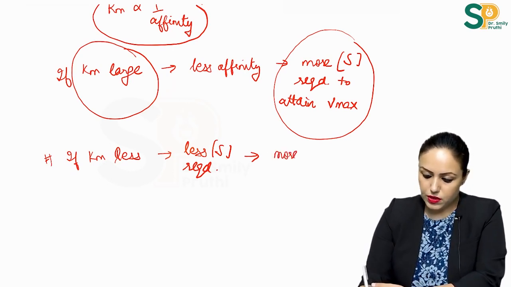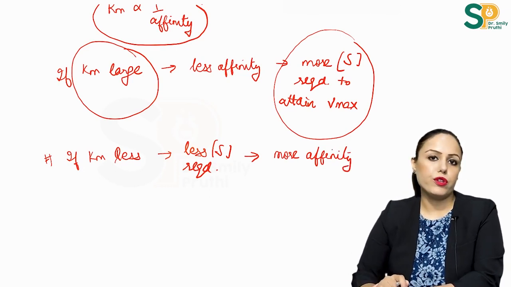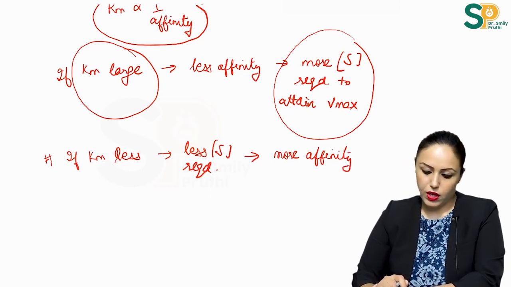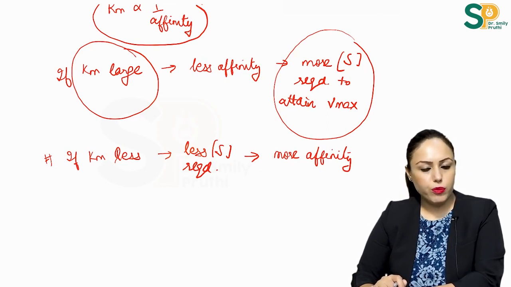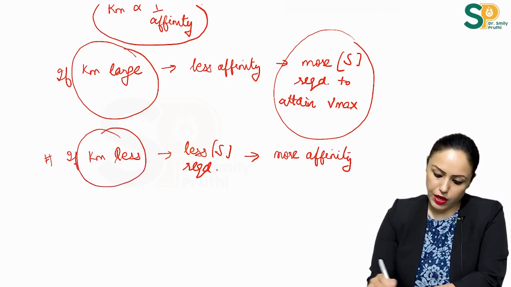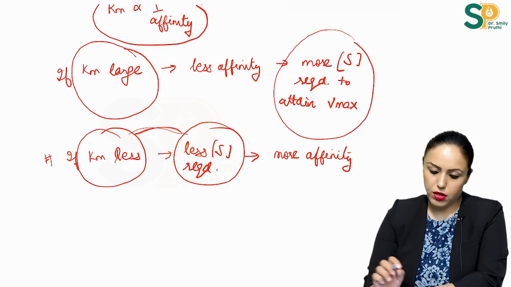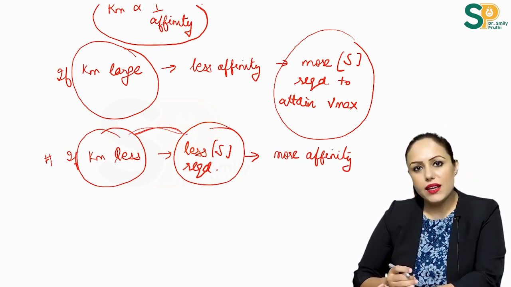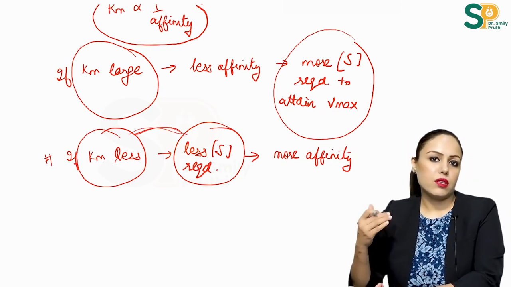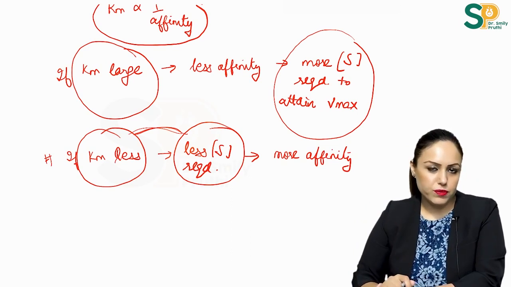That means the substrate has high affinity with the enzyme. So Km and affinity are inversely proportional, but Km and substrate concentration are directly proportional, as Km is nothing but substrate concentration.